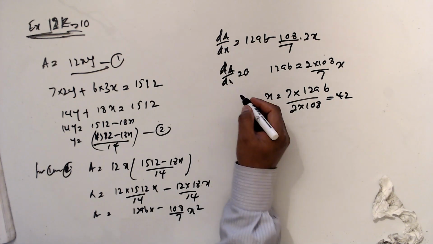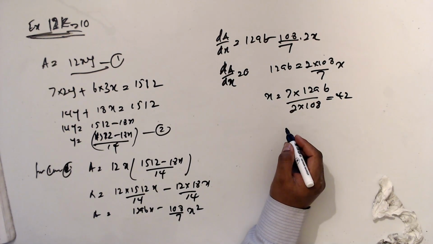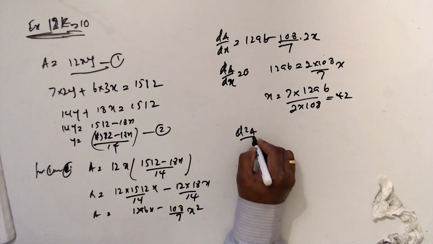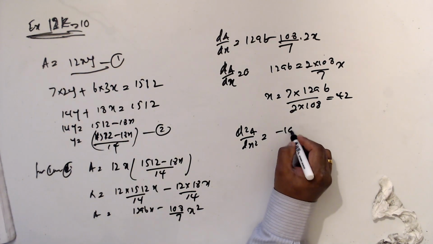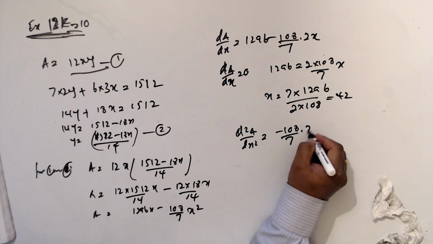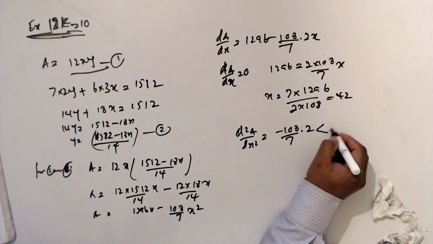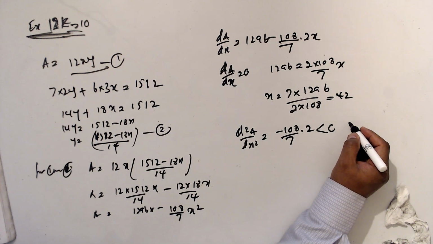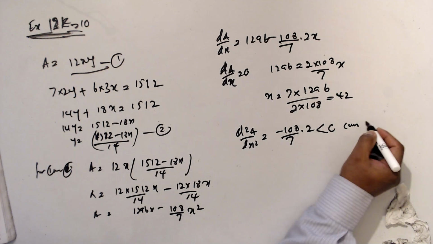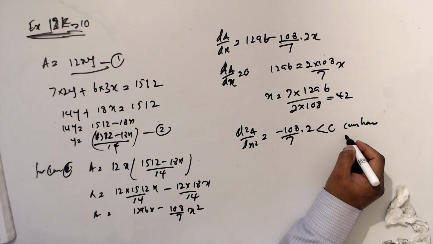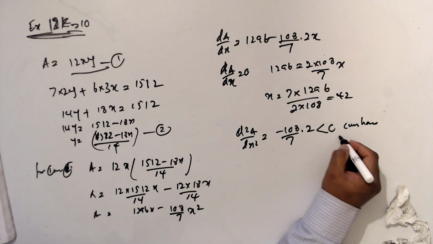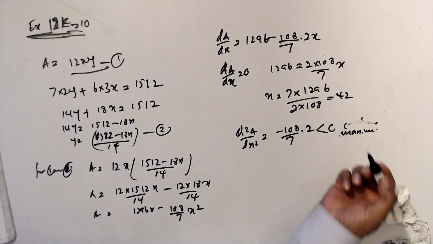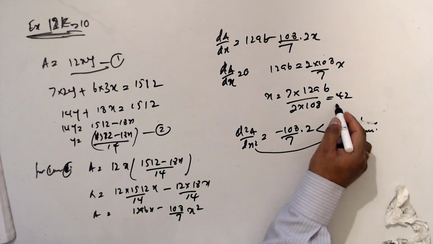Now we can look at the second differentiation. d2A over dx square equals minus 108 over 7 times 2, and this is less than 0. So the curve has a minimum. Sorry, maximum. If it is less than 0, maximum. So this is a maximum.